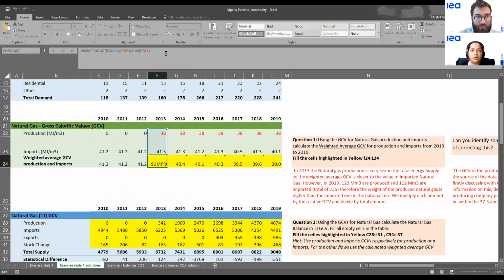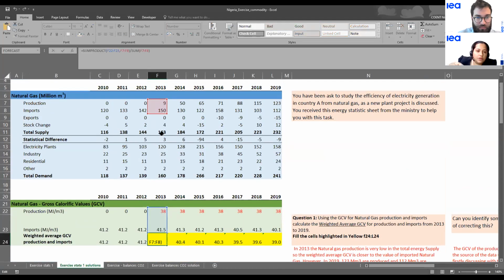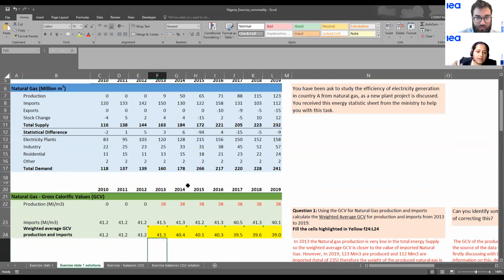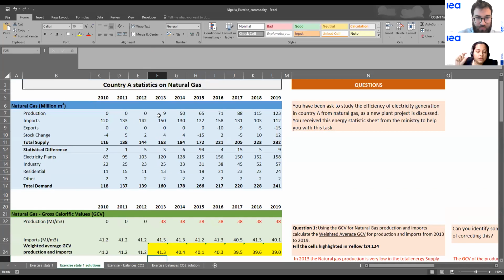You take the quantity of production and multiply it by your calorific value. So for 2013, it's 9 times 38 plus your imports, 150 plus times 41.5, and you divide it by the sum of the quantities, so production plus imports.